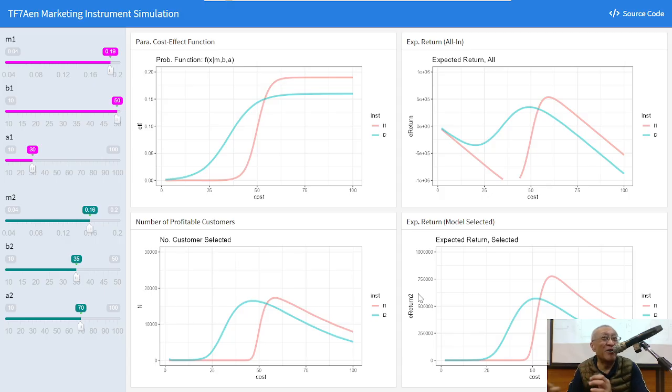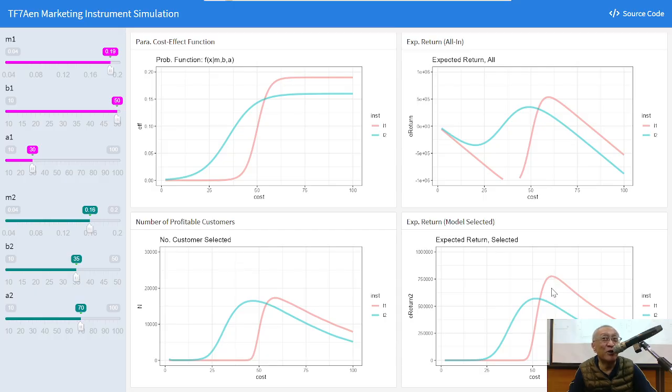So that is the thing that we are going to do today. I will guide you through how we do the assumption, and from the assumption, how we can find out the best cost to use, the best strength of marketing, and then we can select our target customers.